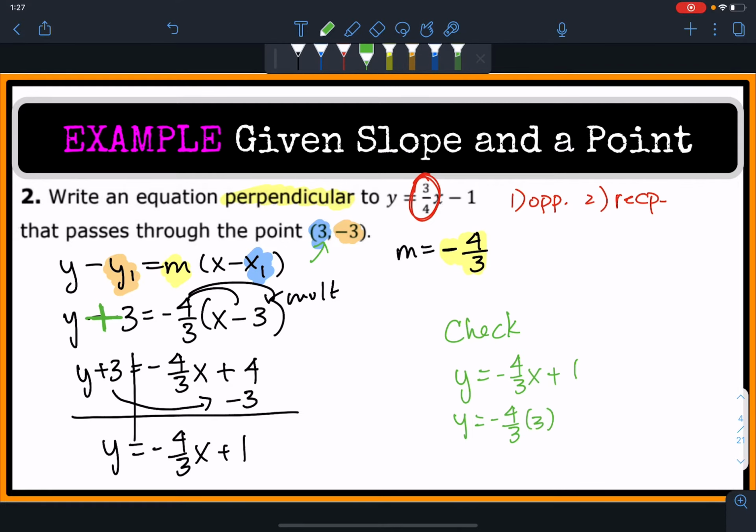So I'm going to plug in 3. -4/3 times 3 is equal to -4. And -4 plus this 1 right here is equal to -3. -3, I'm sorry, I forgot the negative sign. -3, which matches that point there. So plugging in x, I get the value of y.